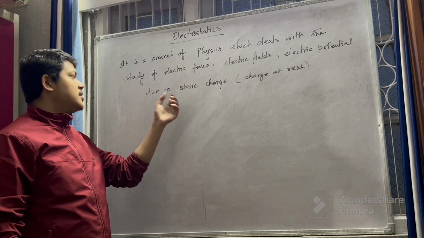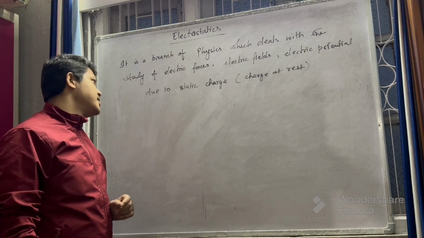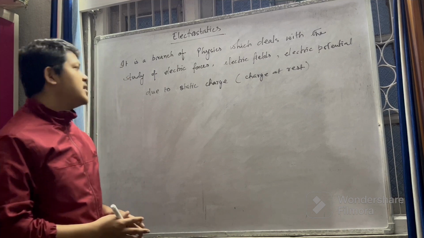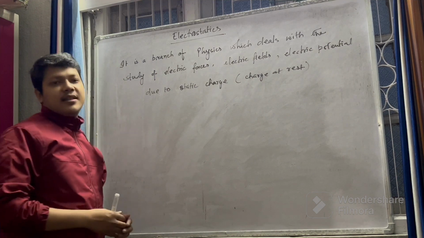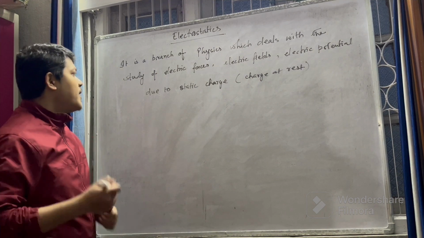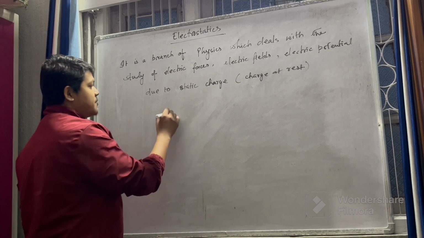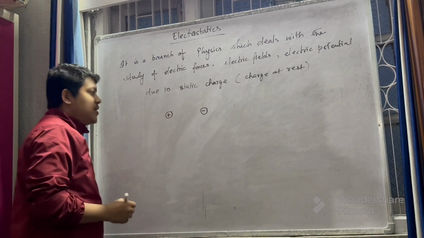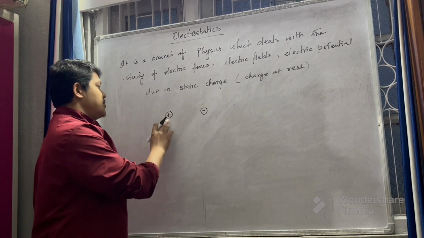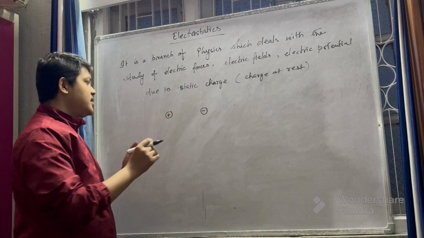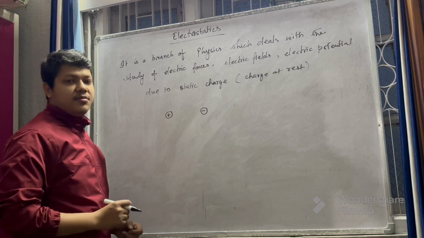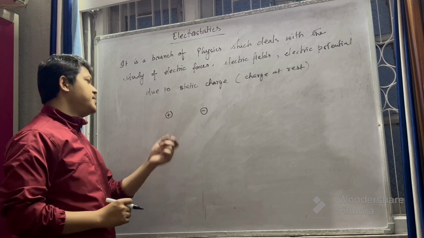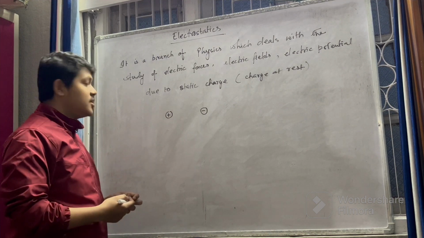Static means the charge at rest, right? So, what do you mean by charge? You have already got the idea of charge in class 9, I think. There are two kinds of charges. One is positive, another is negative, right? So we write positive and negative to represent the opposite nature of charges.